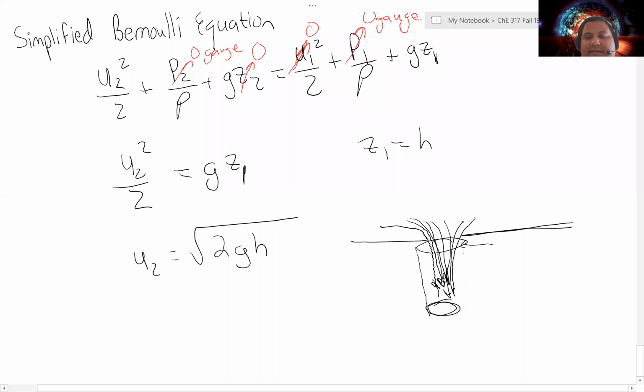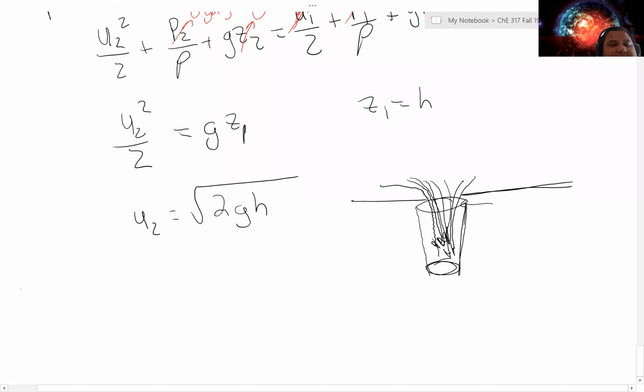And so there's almost a coalescing phenomenon that occurs. It's highly dependent upon the geometry of that orifice or outlet.